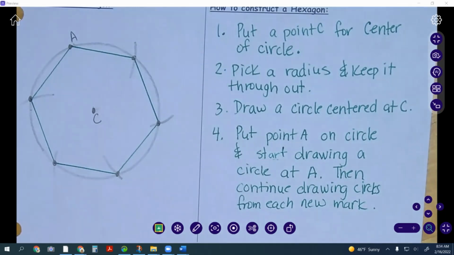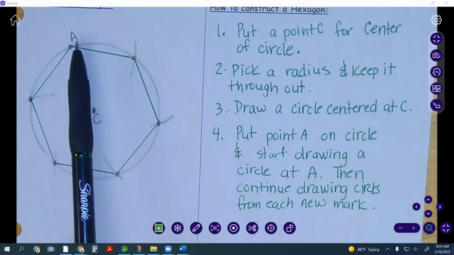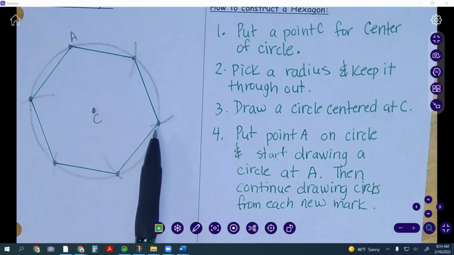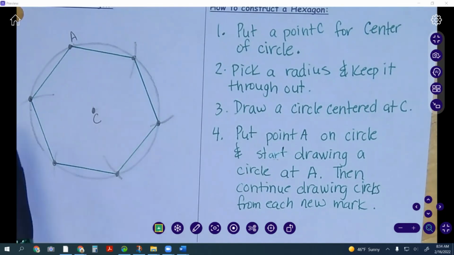So again, at A, I drew a circle. And then from that mark, I drew another circle, and from that mark, and from that mark, and so forth.